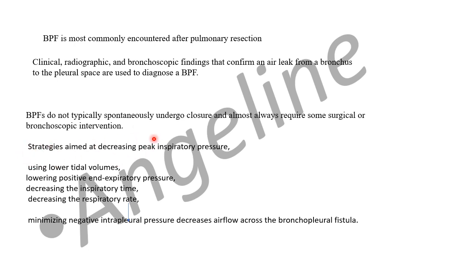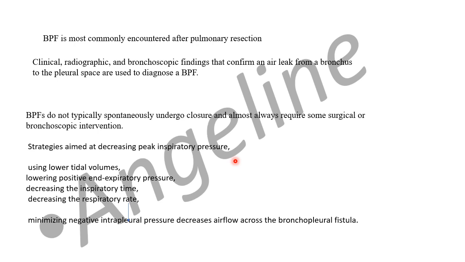Now, what are the strategies that you can do at decreasing peak inspiratory pressures? Most of these patients will be ventilated also. So meanwhile, while you get to do this bronchoscopy or open surgery, you can do something to decrease the peak inspiratory pressures, because when you bring pressures down, the bronchus is likely to collapse.